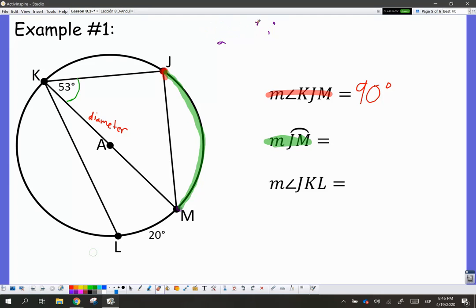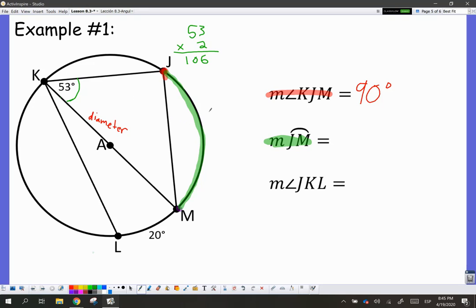So that means that since the angle is 53 degrees, some number over here was divided by 2 to get that 53. So if I want to find that, then I can work backwards. Instead of dividing, I'm going to multiply 53 times 2. And what that gives me is 106.